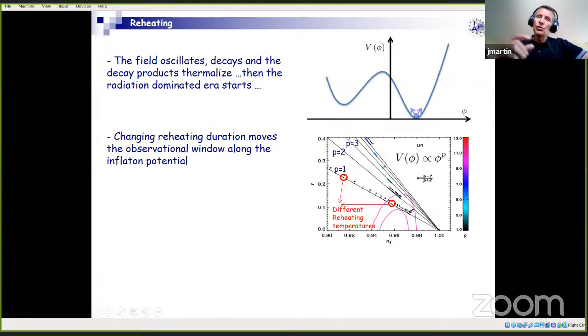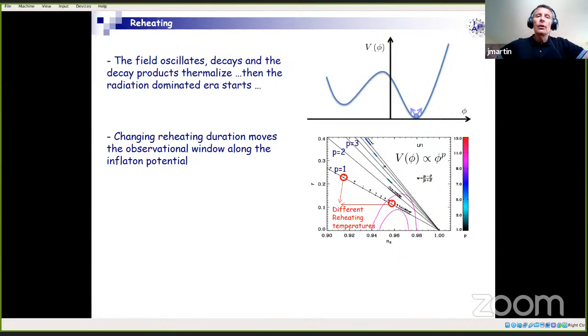But if you change the duration of the reheating, so for different reheating temperatures, you will get a spread along that line, and some values of the reheating temperature are within the Planck contour, and some others are outside. So this means that with the CMB data, there is a possibility to obtain mild constraints on reheating.